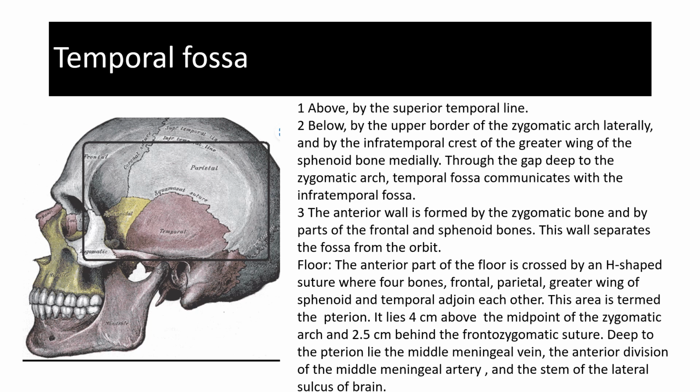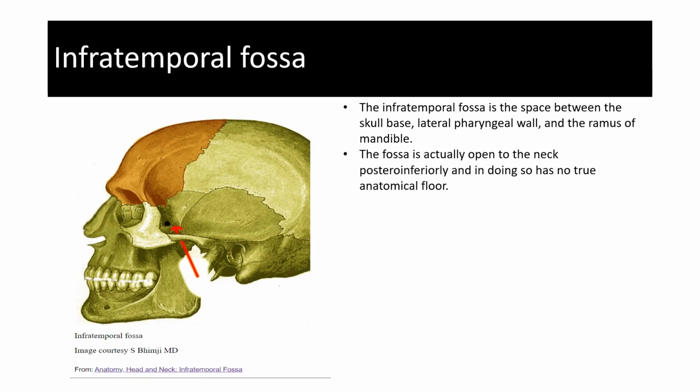It lies 4 cm above the midpoint of the zygomatic arch and 2.5 cm behind the frontozygomatic suture. Deep to this lie the middle meningeal vein, the anterior division of the middle meningeal artery, and the stem of the lateral sulcus of the brain.